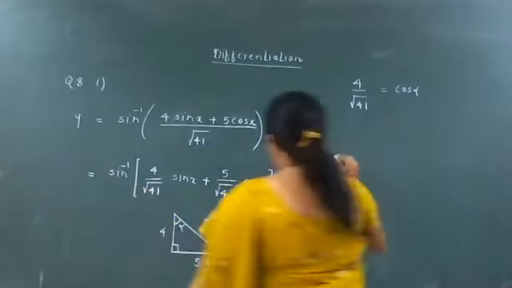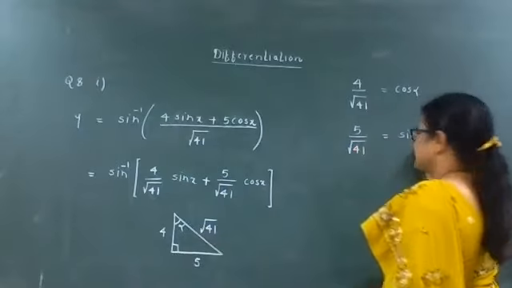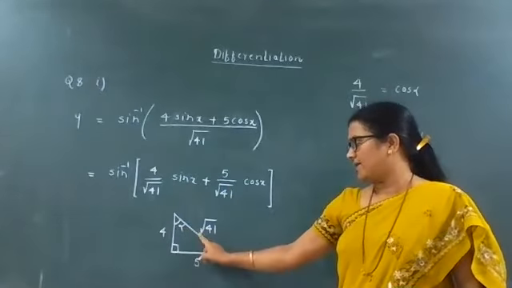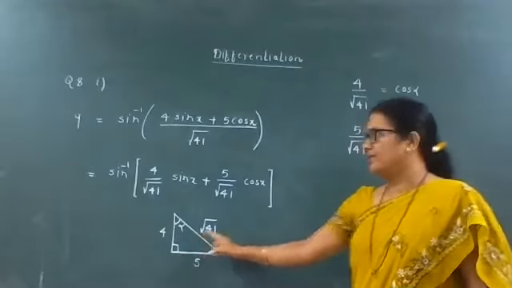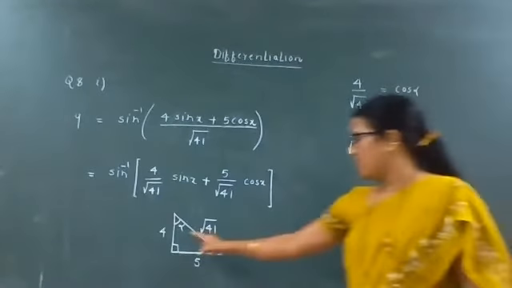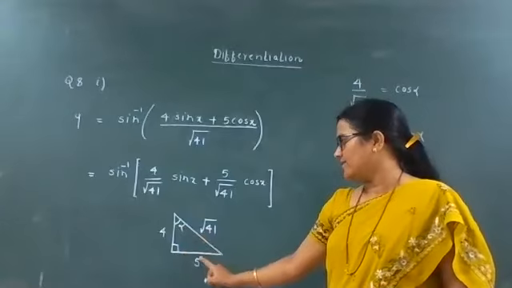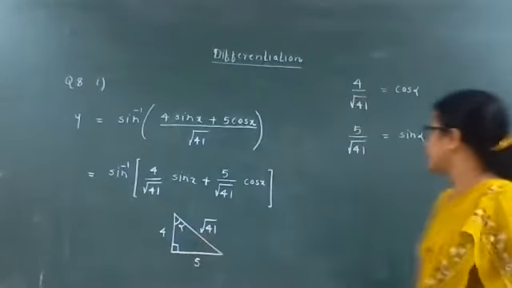And what is 5 upon root 41? It is sin alpha, opposite side upon hypotenuse. Sin alpha equal to 5 upon root 41, opposite side upon hypotenuse.